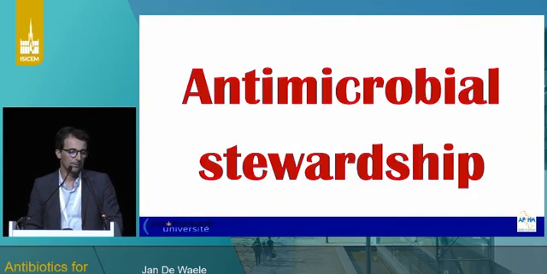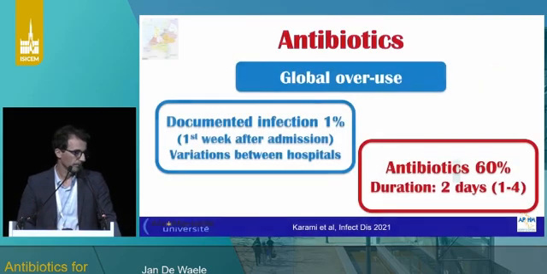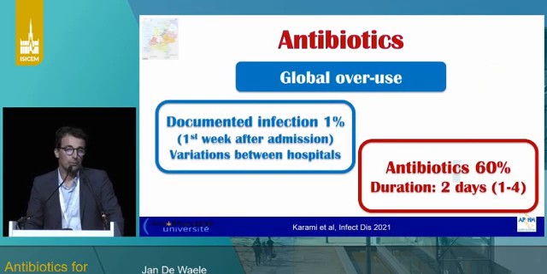So what is the antimicrobial stewardship in these patients? First, there is a global overuse of antibiotics during the successive waves. In this study from the Netherlands, the rate of documented bacterial infection during the first week after admission is 1%.